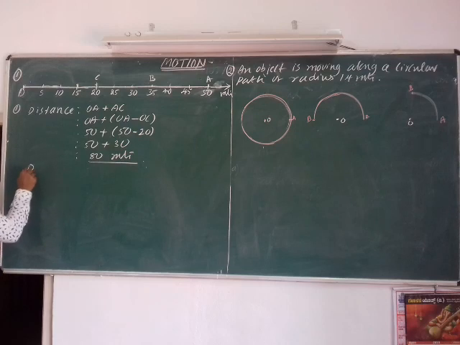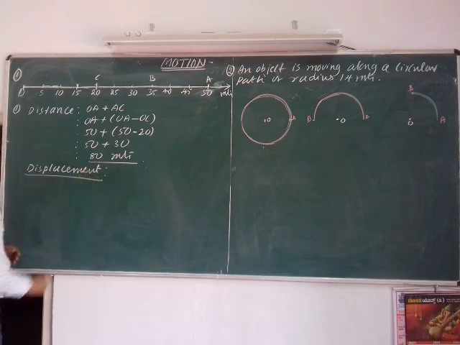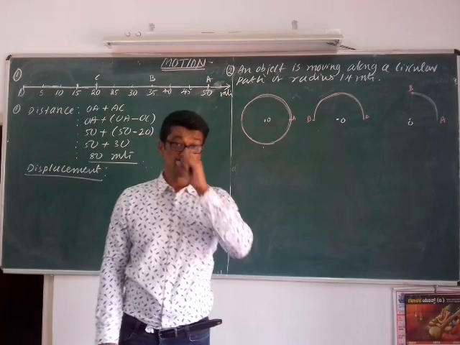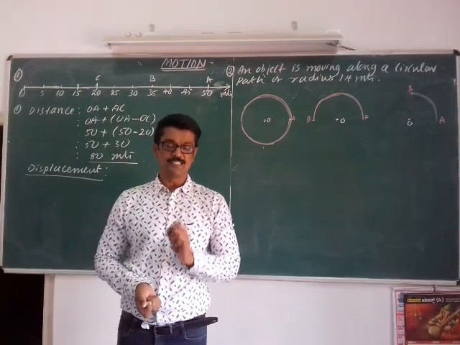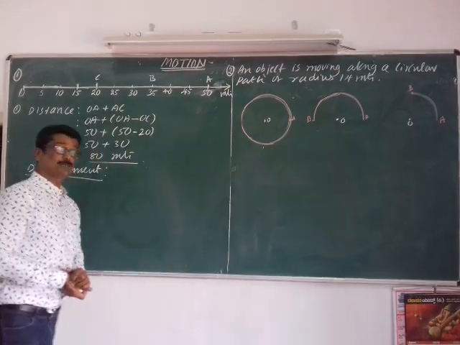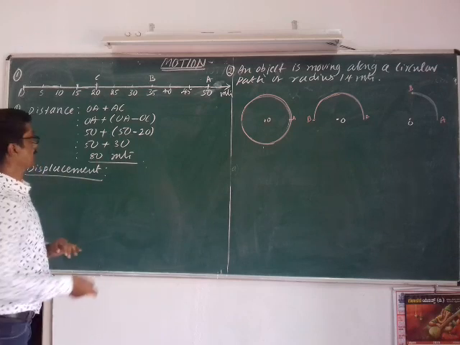Next is displacement. What is the displacement in this case? What is the definition for displacement? That is the shortest path between initial position and final position. Straight line path between initial position and final position.